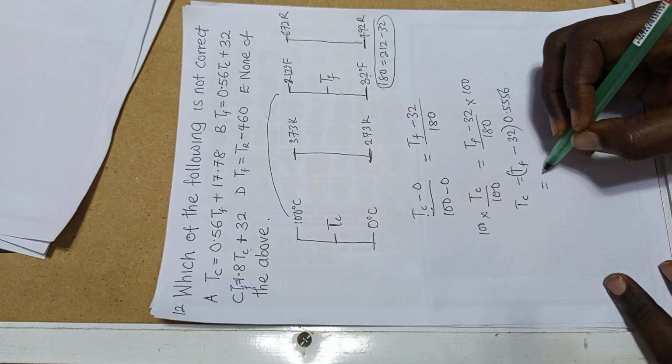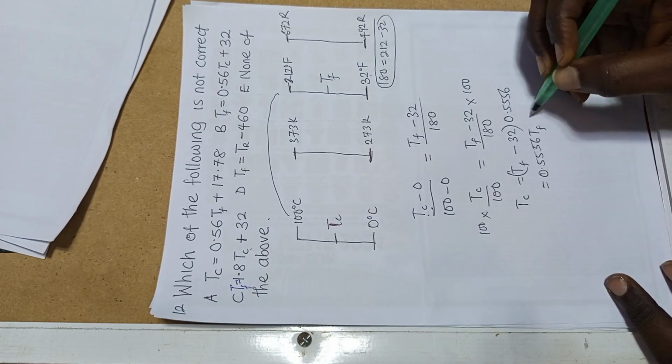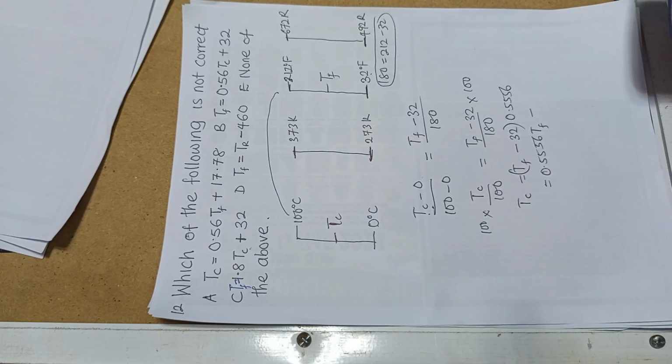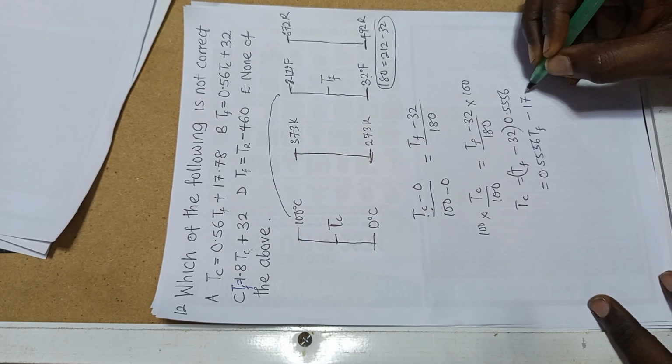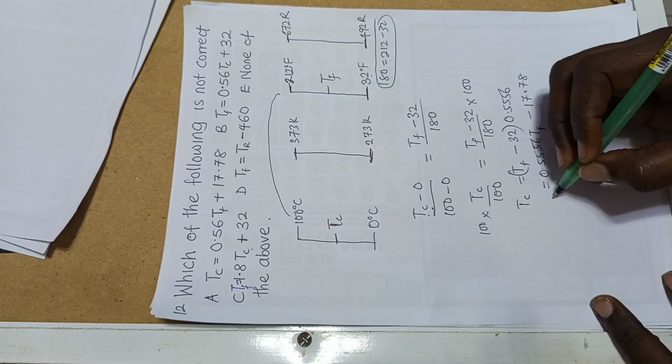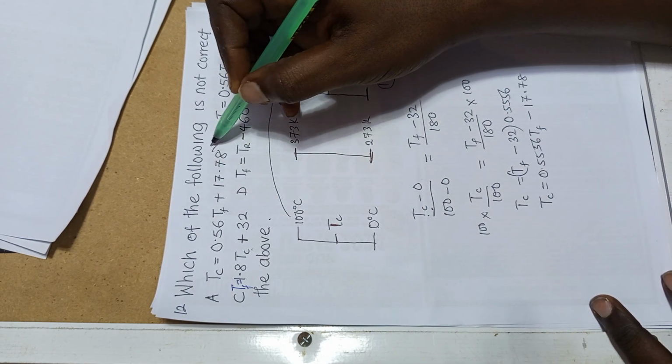So 0.5556 TF minus 0.5556 times 32 will give us 17.78. That is TC. I don't think this one is correct, so it's wrong.